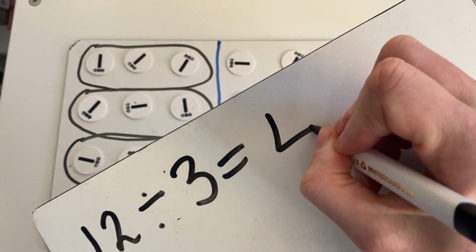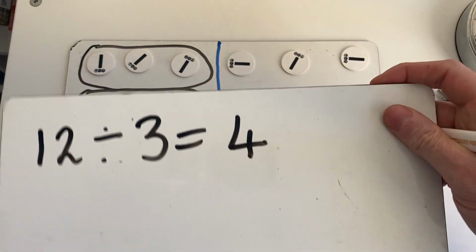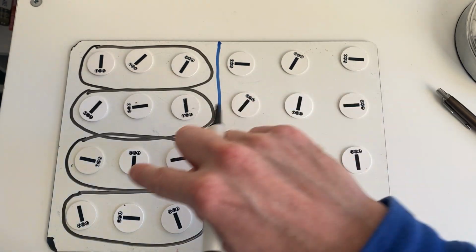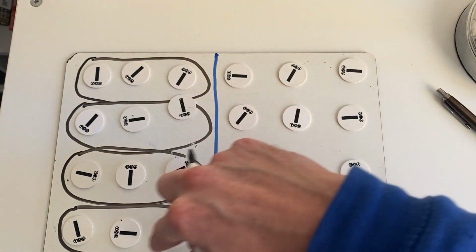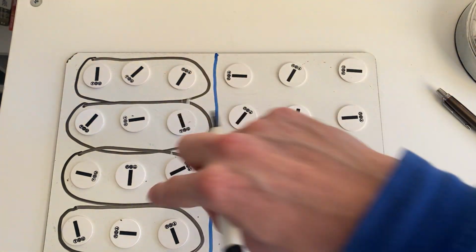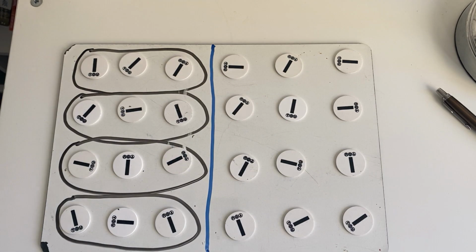So we need to work out how many groups there are. 1, 2, 3, 4. So 12 divided by 3 equals 4. 12 counters in total, split into groups of 3, and there are 4 groups in total. 12 divided by 3 equals 4.